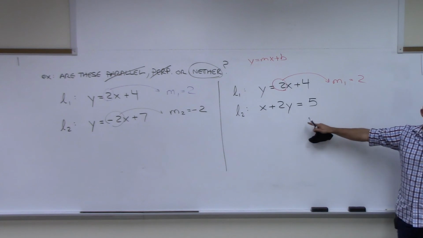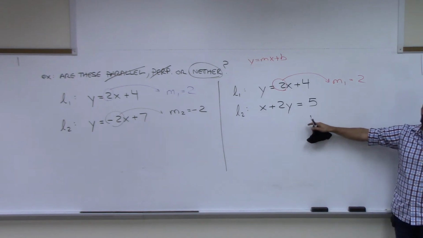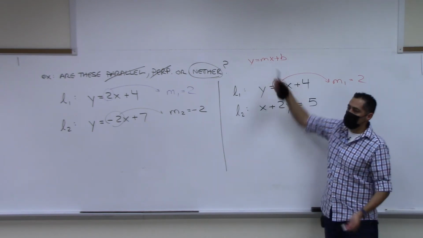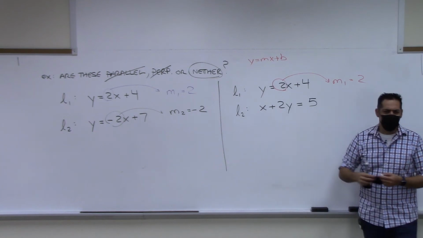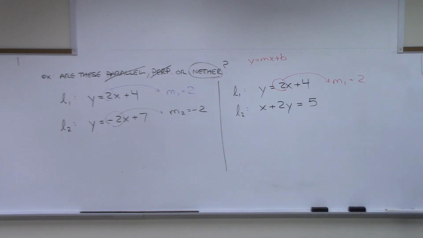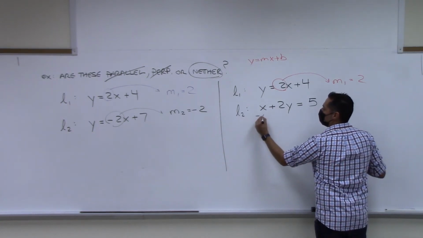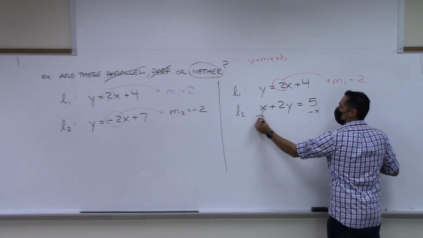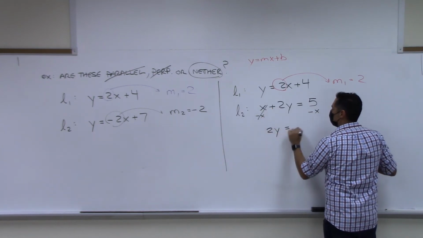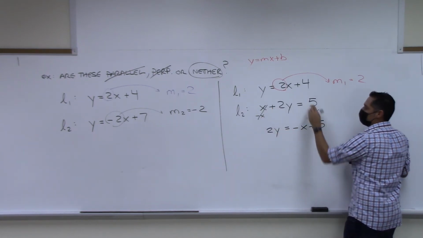But on this one, is this one solved for y? It's not, right? So it's not in that form. So you cannot tell me right now that the slope is 2. What you have to do is solve for y first. Okay, so there's a little work we have to do. So if I solve for y here, I'm going to subtract x on both sides. Get 2y equals negative x plus 5. I can't put these together.